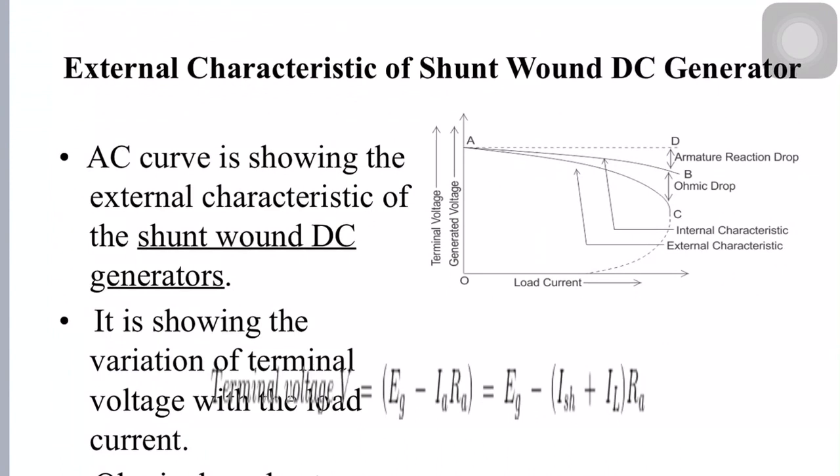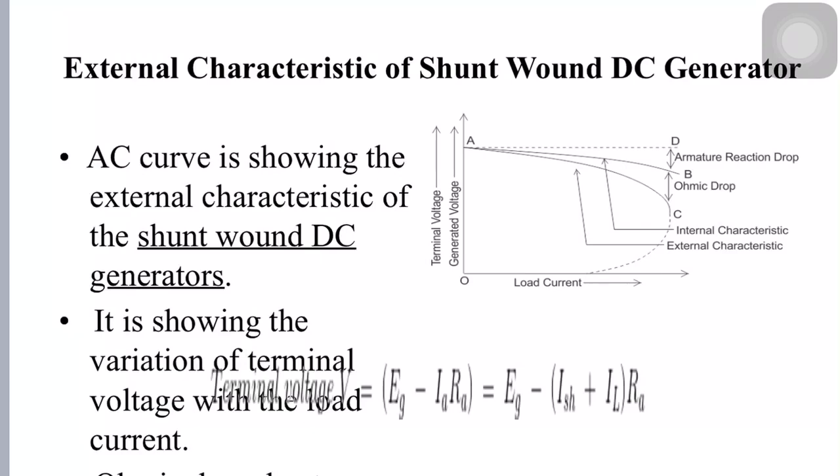And ohmic drop due to armature resistance gives lesser terminal voltage than the generated voltage, so that the curve always lies below the internal characteristics curve. If we observe in this diagram, the external characteristics are always below the internal characteristics. The reason is the ohmic drop due to armature resistance gives lesser terminal voltage than the generated voltage.